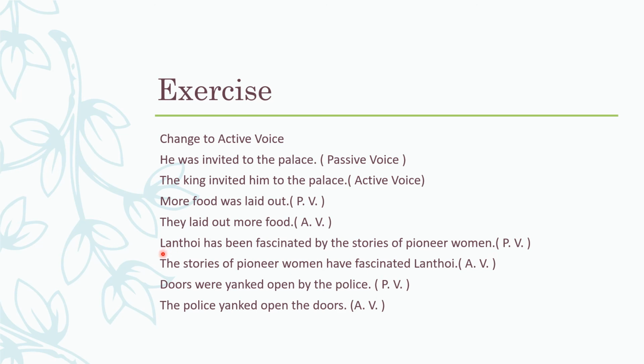This is in the passive voice. The active voice: the stories of pioneer women have fascinated Lantoy. Doors were yanked open by the police. This is in the passive voice. The active voice is: the police yanked open the doors.